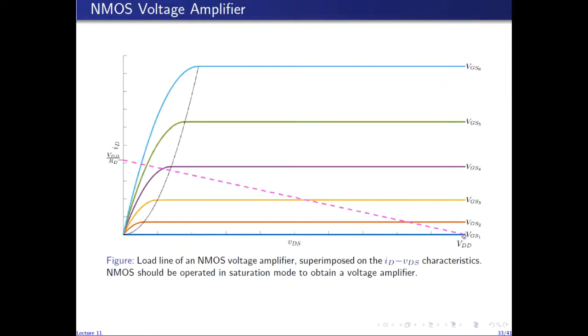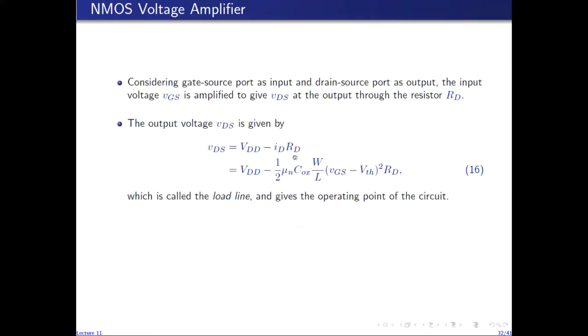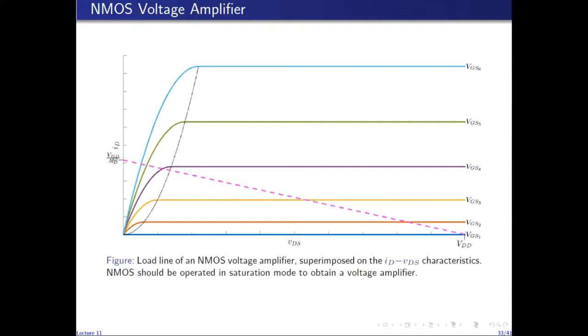So this corresponds to this point of the line. And when VDS is 0, then ID is given by VDD over RD. So this corresponds to this end of this straight line. So the operating voltage and current of the NMOS voltage amplifier always satisfy this linear equation. That is, the operating point is always found on this straight line.